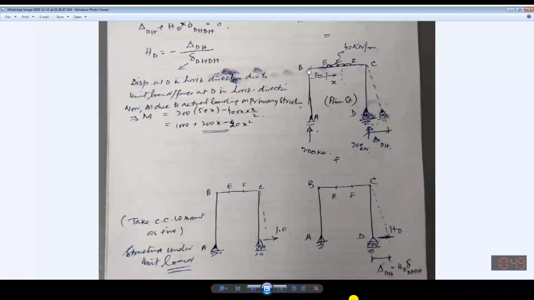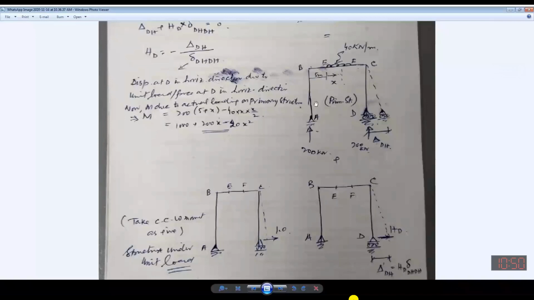Now this force into this is 200 into 5. This is the absolute value because the origin is this one. So it will be 5 plus x. The variable is x. In this part, in this distance E to F, this is varying, so it will be in the form of x. So 200 into (5 plus x).